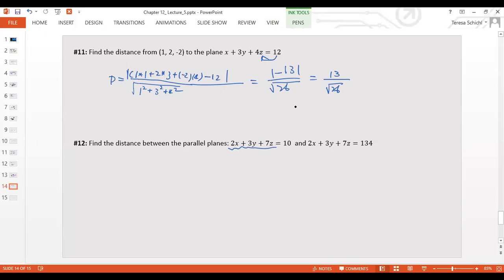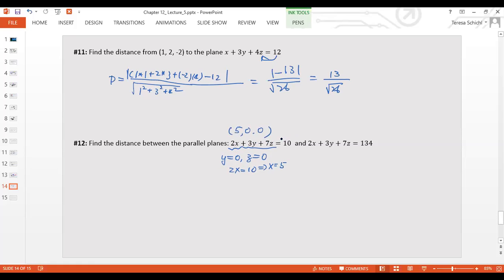I choose numbers, and if they satisfy this equation, then it will be a point on this plane. So let me choose y equal to 0, z equal to 0. Then I have 2x equal to 10, so x equal to 5, right? So I know the point 5, 0, 0 is going to be on this plane here.